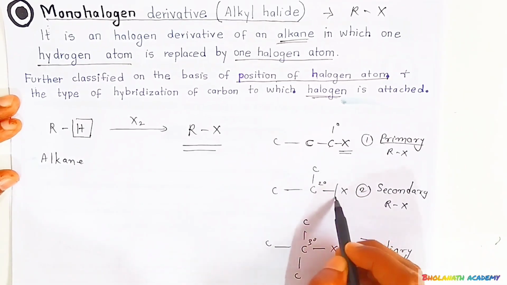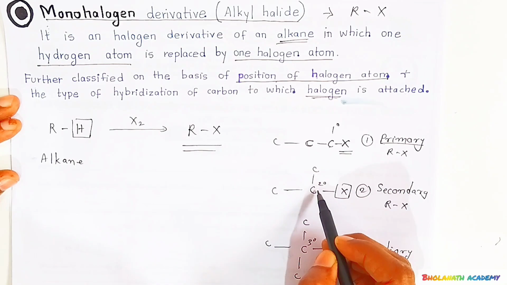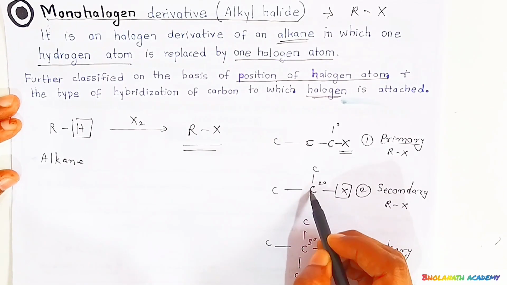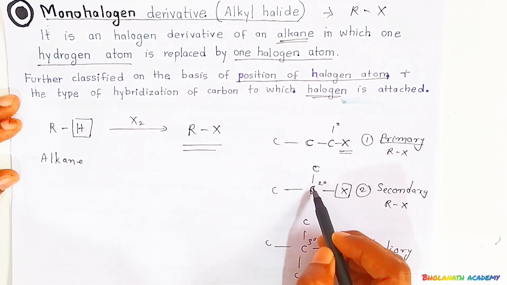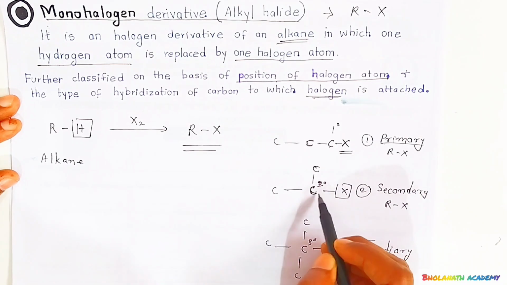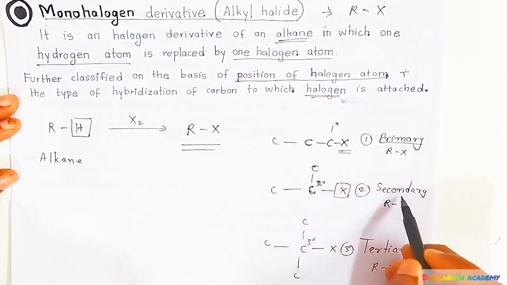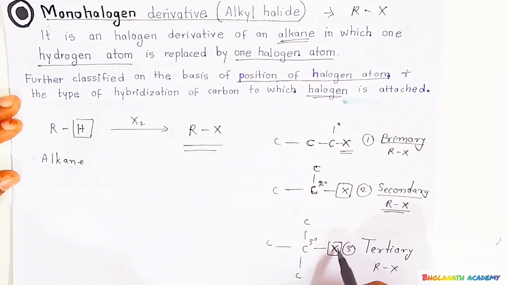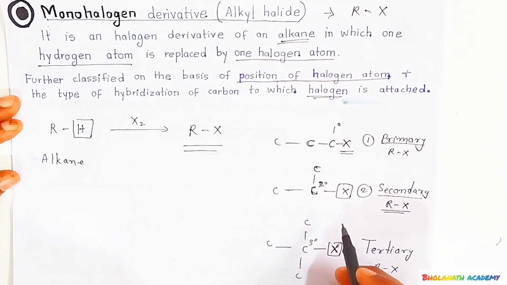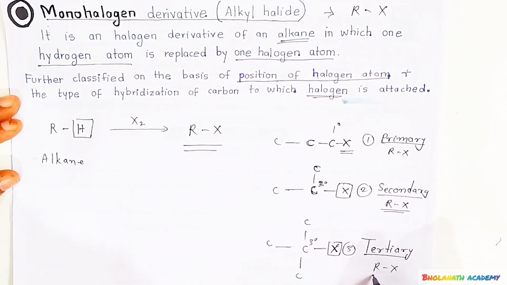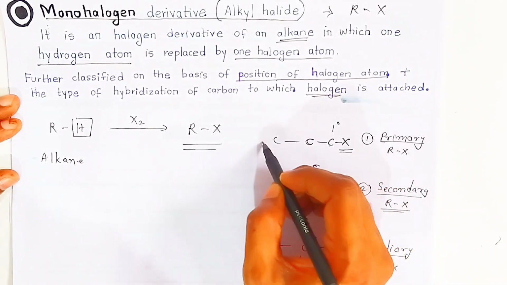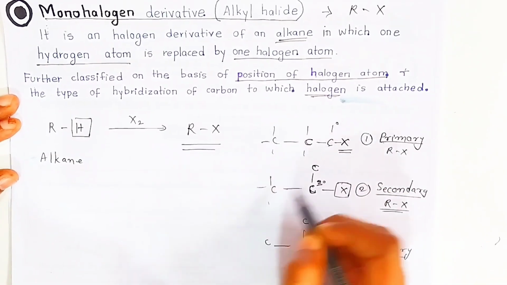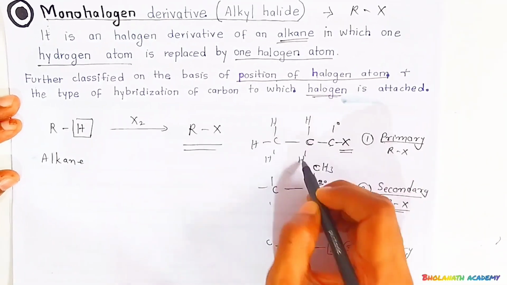If the halogen atom is attached to the second degree carbon, why is this called second degree? This carbon is surrounded by two more carbons, that is why this carbon, to which the halogen atom is attached, is called a second degree carbon, and it is called a secondary alkyl halide. If the halogen atom is attached to a third degree carbon, then it is called a tertiary alkyl halide. Now, students, fill the valency because carbon is tetravalent. This way you can fill the valency.